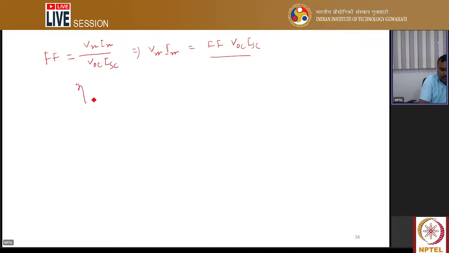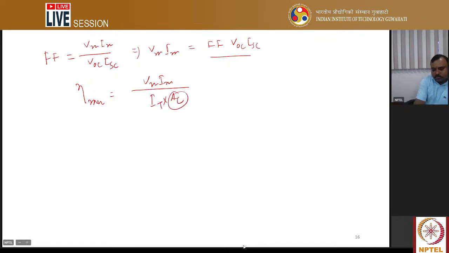And then the maximum efficiency is Vm × Im divided by IT times collector area, or the cell efficiency and cell area. So this is related to fill factor. That means, of course, this is connected.